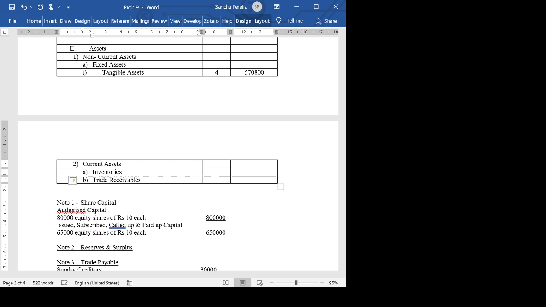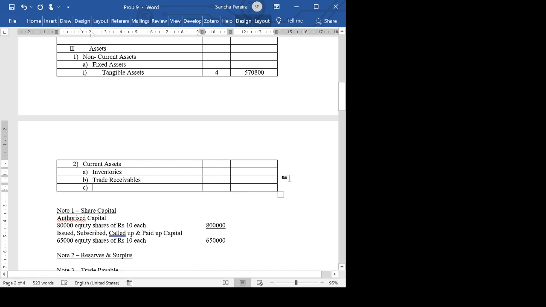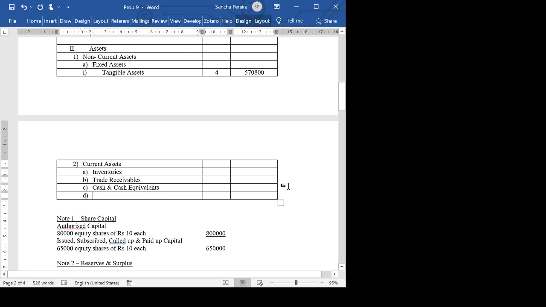Then we have cash and cash equivalents. Short-term loans and advances, we don't have anything. So the last item is other current assets.